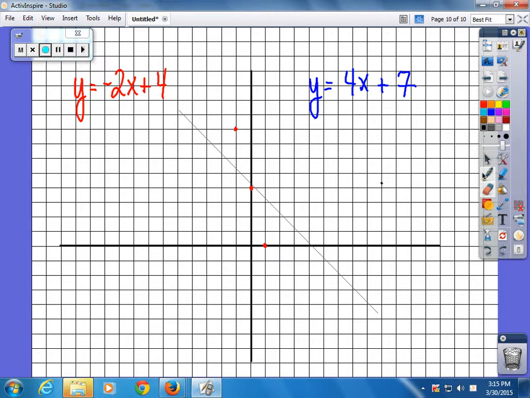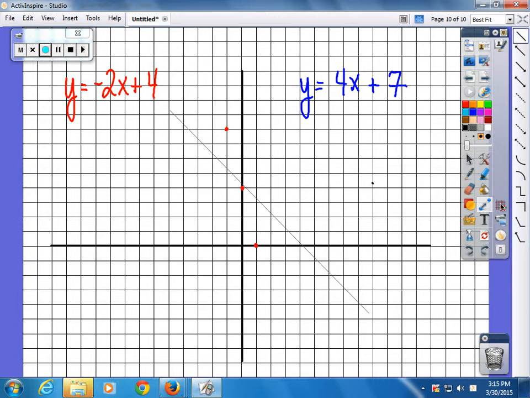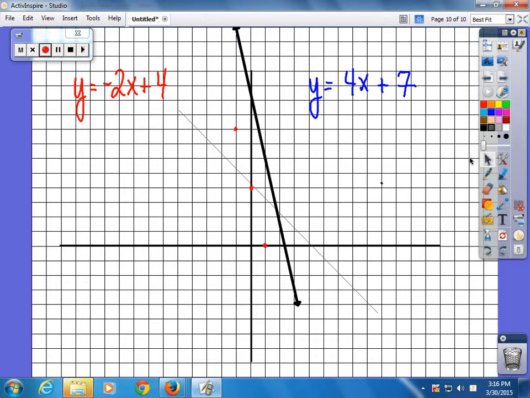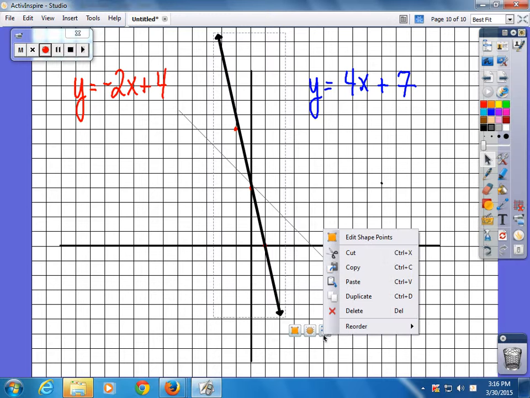So, all right, so I got 3 points. Now I take my handy dandy line maker, and I try to draw a decent line. It's hard to do when you don't have where's my rotate? My rotate is usually on there.